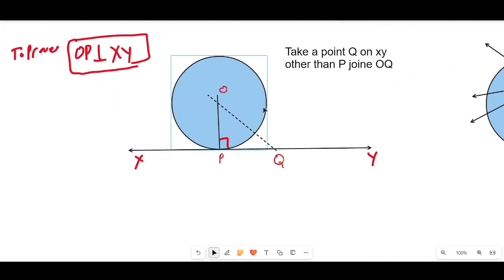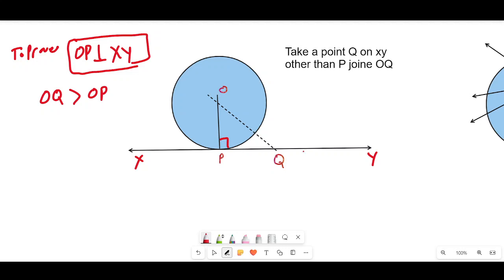Now, here, first we should prove OP is perpendicular to XY. Now, here OQ is greater than OP. Clear? According to the figure, since this happens for every point on the line XY except the point P, this line is a collection of many points.